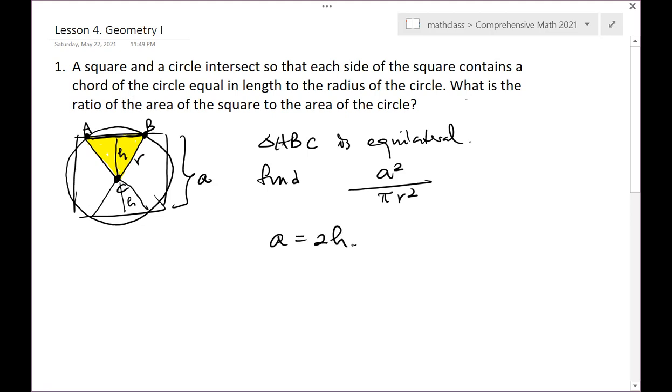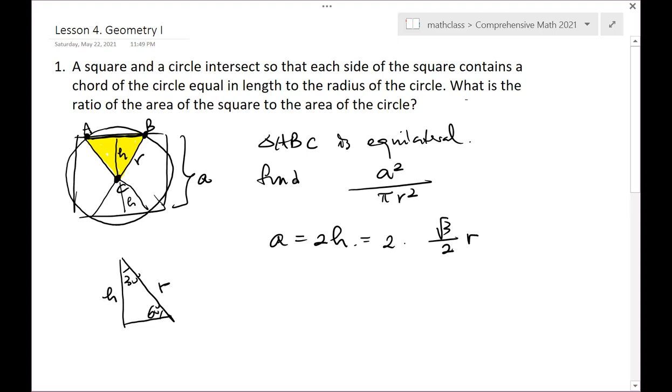I'm trying to find the relationship between A and R, right? That's the next step. H is the height of an equilateral triangle. So we know that it's going to be square root of 3 over 2 times R. If we have a triangle like that, this is going to be 30 degrees, that will be 60 degrees, and this is R, this is H, right?